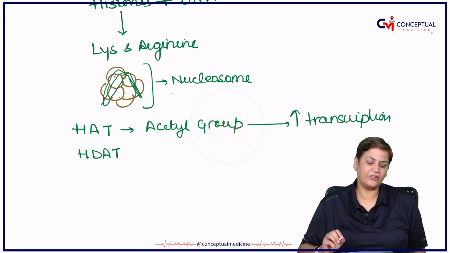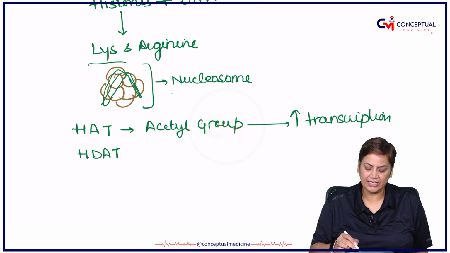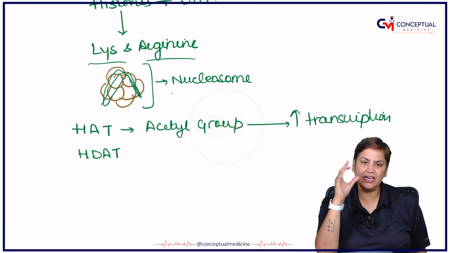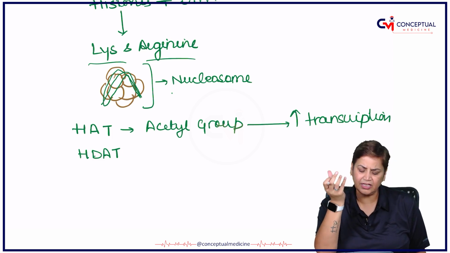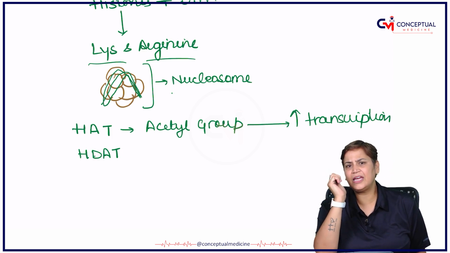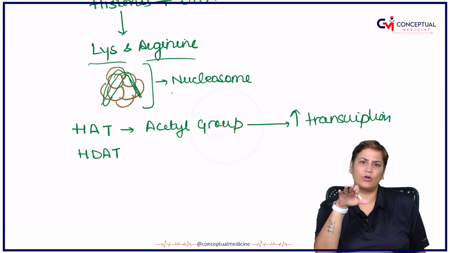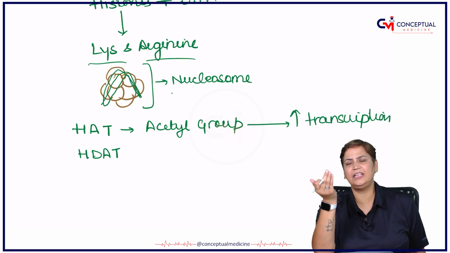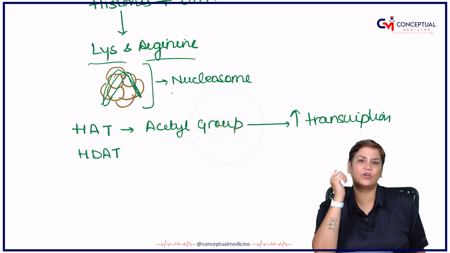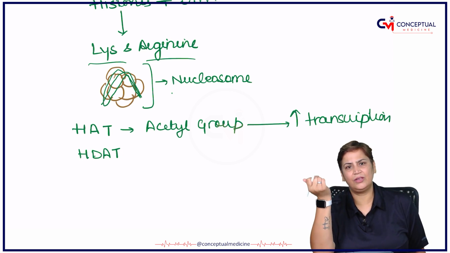Now how will it increase transcription? Because we know lysine and arginine are there and DNA is just wrapped like a nucleosome. So whenever DNA has to undergo the synthesis of RNA, it has to come out from the vicinity. Okay, so acetylation and deacetylation will help in this process, and that is why we say that histones are the most important elements for gene regulation.